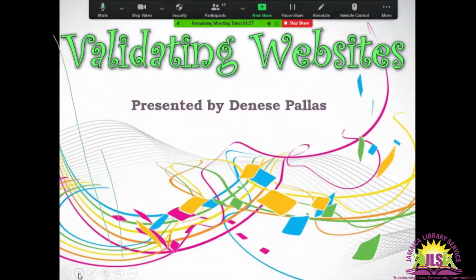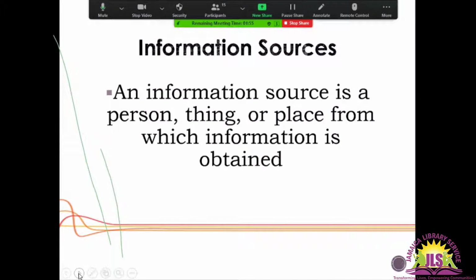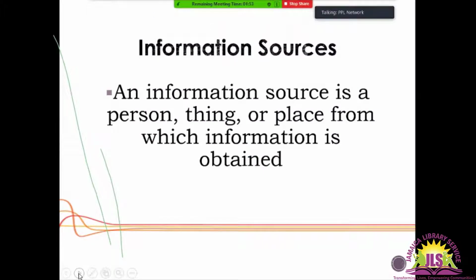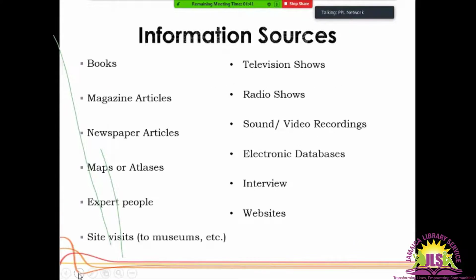In order to know how to validate your websites, it is important that you know what an information source is. An information source is a person, thing, or place from which information is obtained. So there are several different information sources.